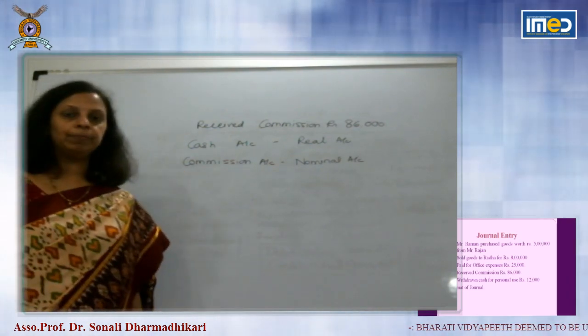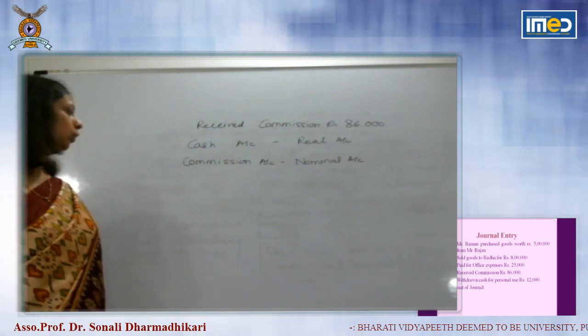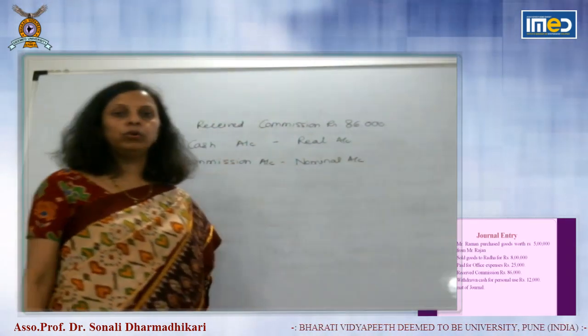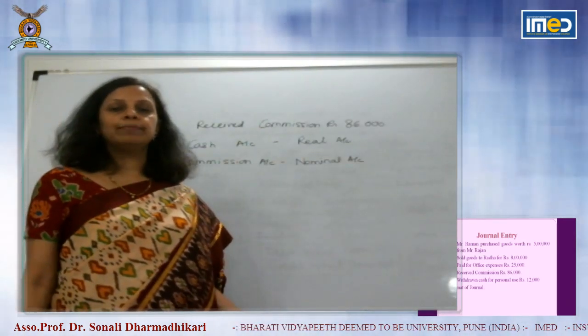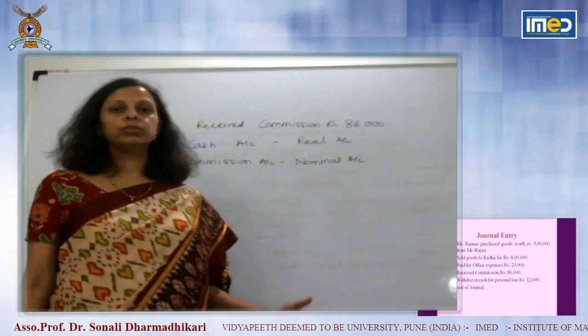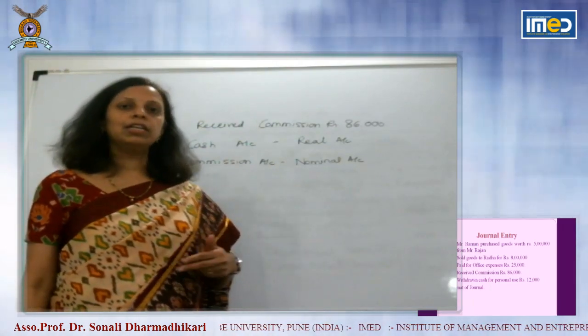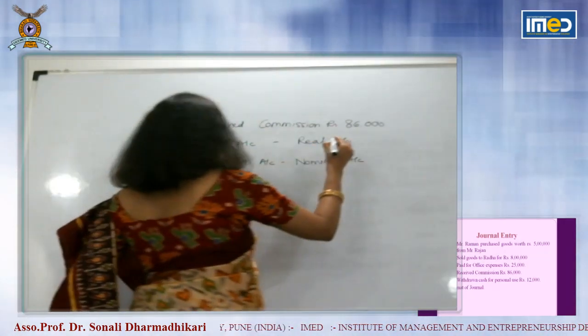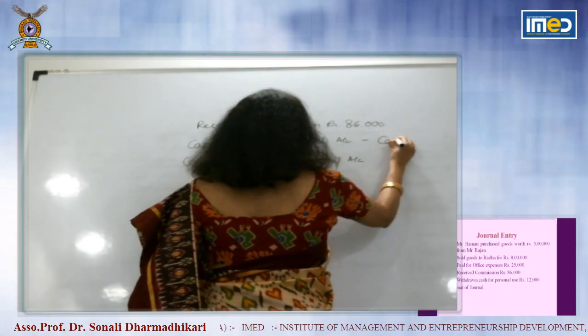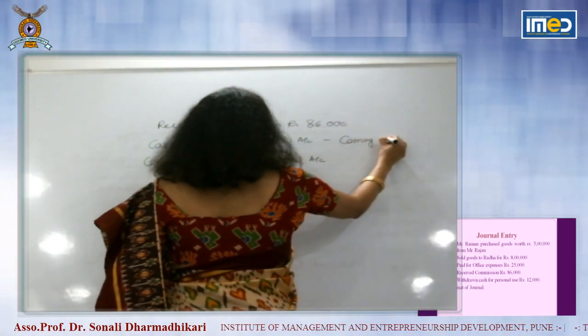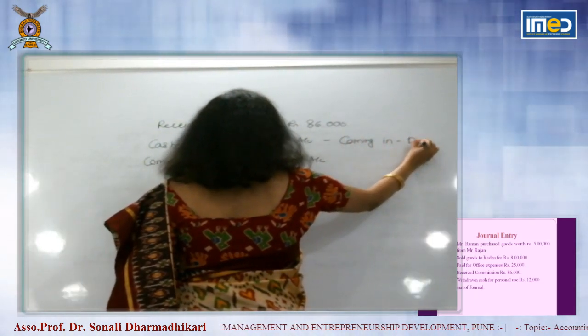Step 3. Apply golden rule. For real account, the golden rule is debit what comes in, credit what goes out. The business has received commission. It means cash is coming in. So it is debited.